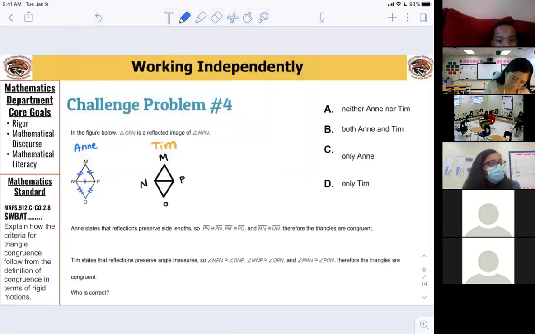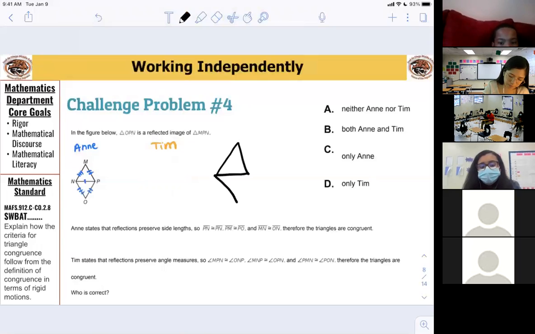Tim is saying what? That angle MPN is congruent to angle ONP, and angle MNP is congruent to angle OPN, and angle PMN is congruent to angle PON. So I'm just matching here. It's a little hard. Let me make this a little bit bigger so that I can be more accurate.